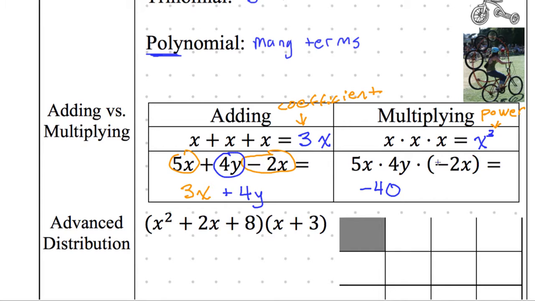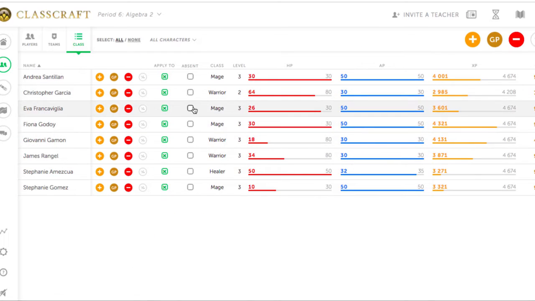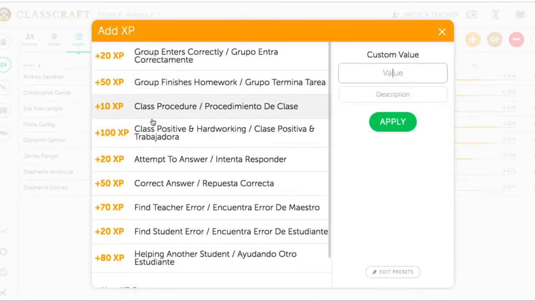X times y times x is, what is that, Andrea? X squared y. There it is. I just squished them all together. That's the key difference. Multiplying, squish them together. You don't care about like terms. Adding, you do care. There are more restrictive rules.